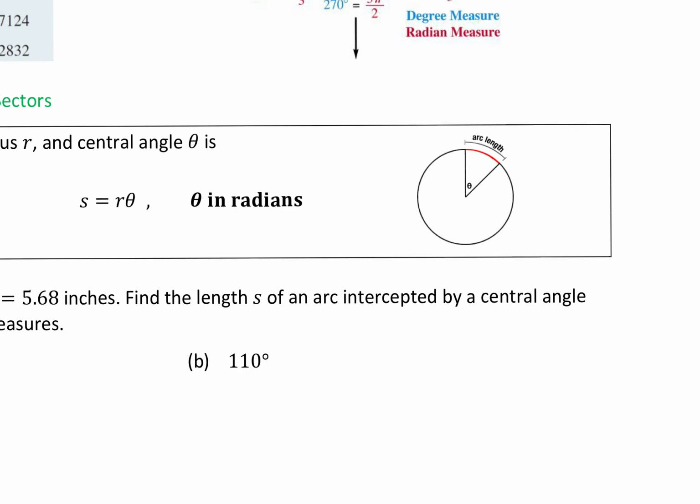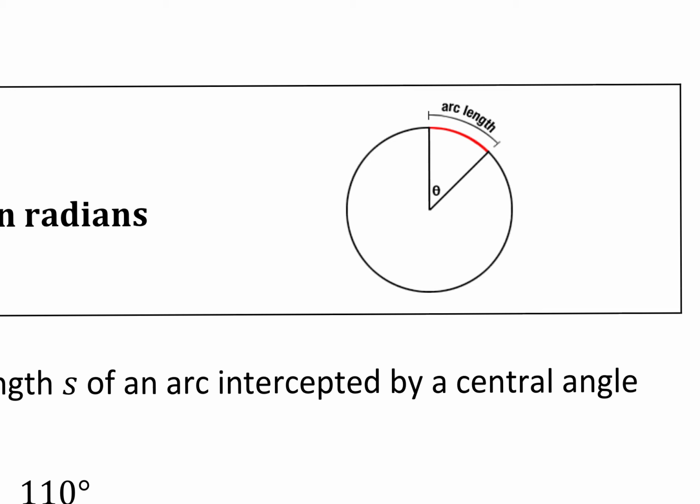If you have some central angle theta, and some circle of radius r that intersects this angle, you will have this corresponding arc length between the initial and terminal side of your central angle.